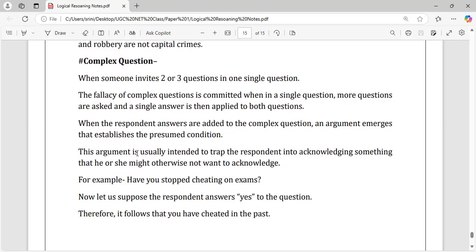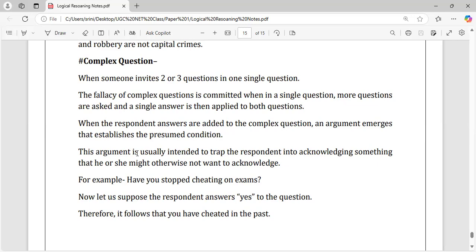This argument is usually intended to trap the respondent into acknowledging something that he or she might otherwise not want to acknowledge. For example, someone can say, "Have you stopped cheating on exams?"